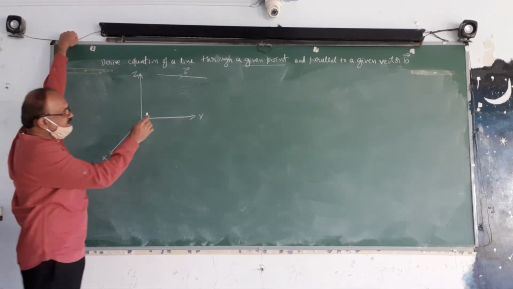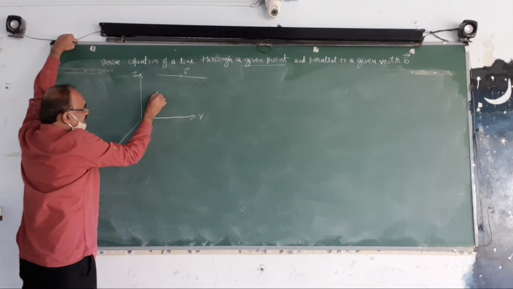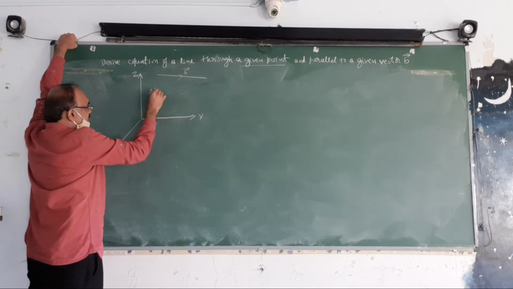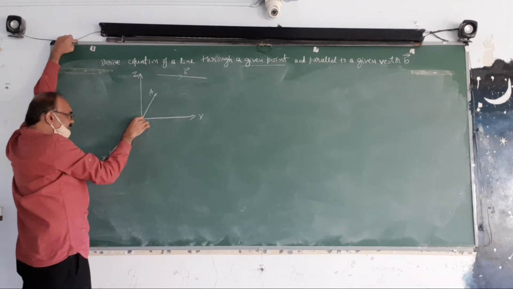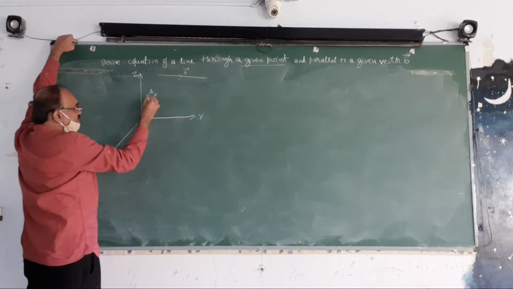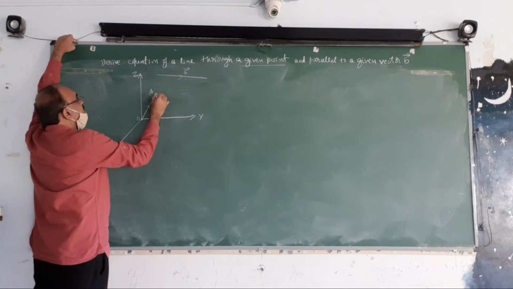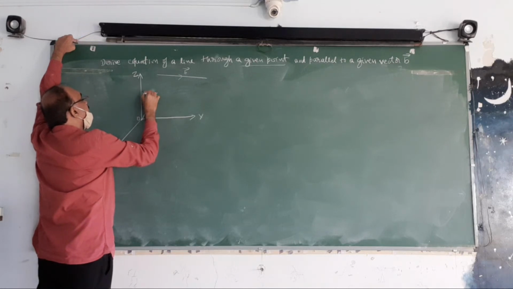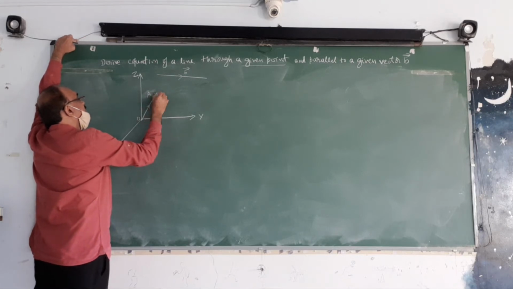And then one point is given. Through a given point, a point is given. Let's take a point here. So this is point A, let's call it. This point is given, which means you know its position vector OA. This is O. Let us call this x1, y1. I will not write here, it will be clumsy.